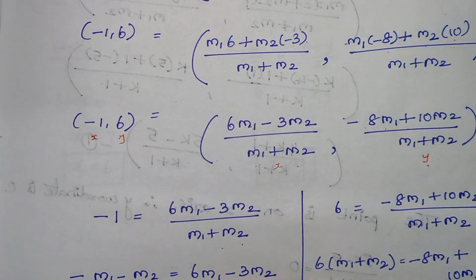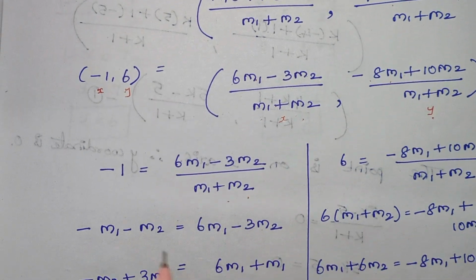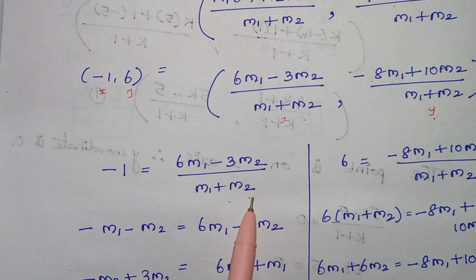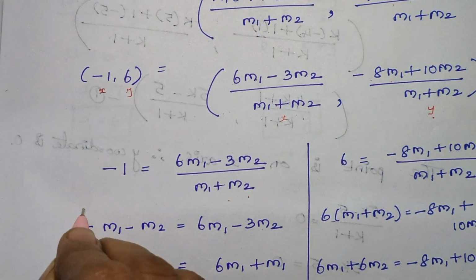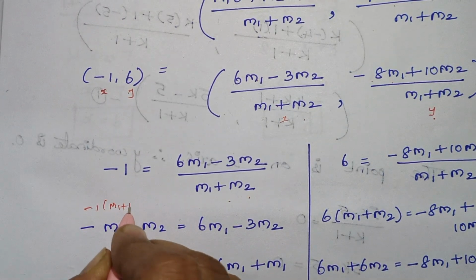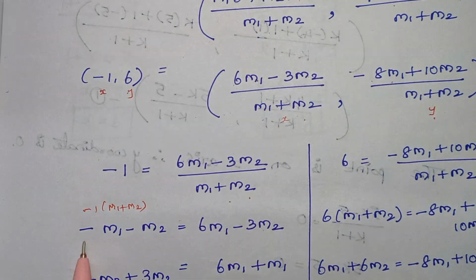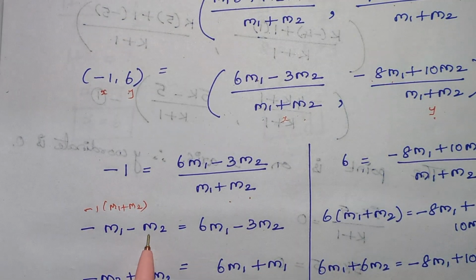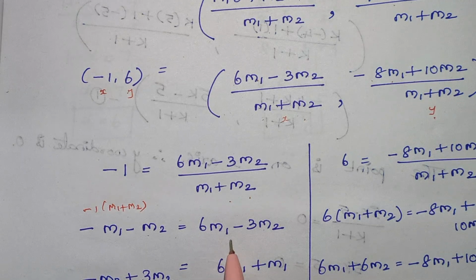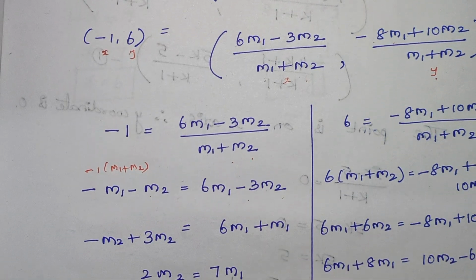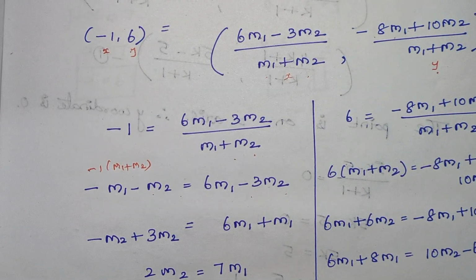So when you cross multiply, you get minus 1 into m1 plus m2, therefore minus m1 minus m2, which is equal to 6m1 minus 3m2, right? So now I am arranging the terms together, that is m1 terms together and m2 terms together.